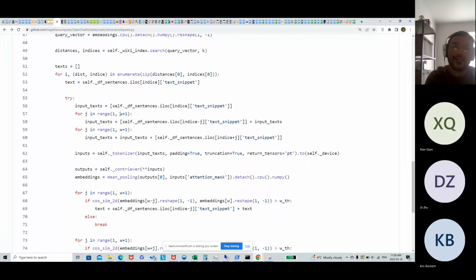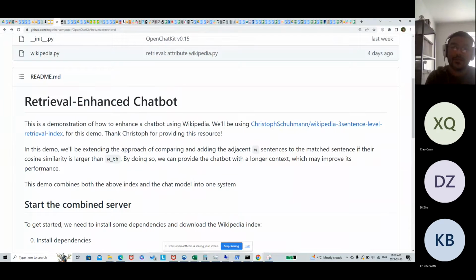They also return the sentences that are adjacent to it, so that it gets enough context. So you get adjacent sentences to the match sentence if their cosine similarity is larger than a particular threshold.